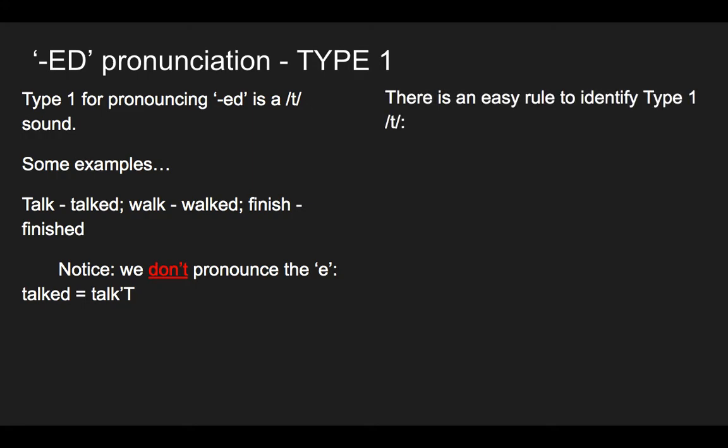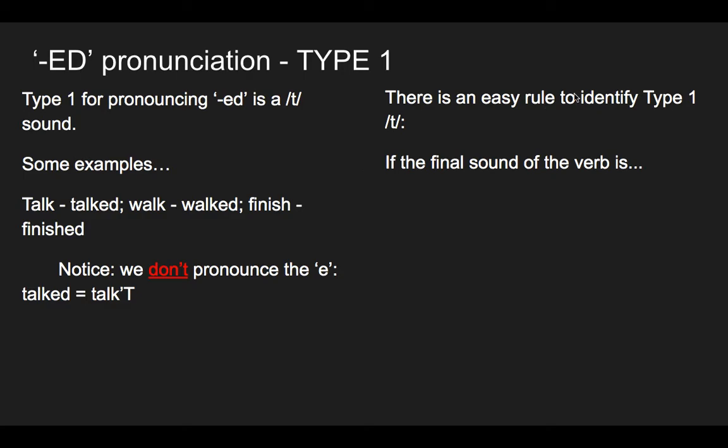Okay, there's an easy rule, an easy way to identify type 1, the t sound. Look at the final sound of the verb.